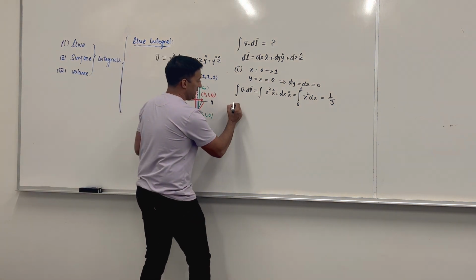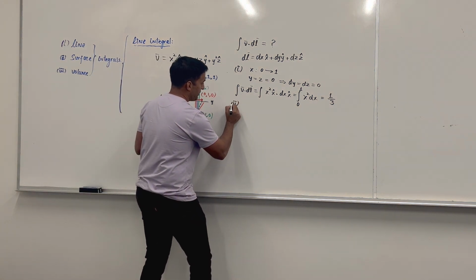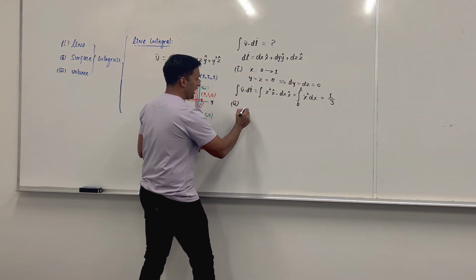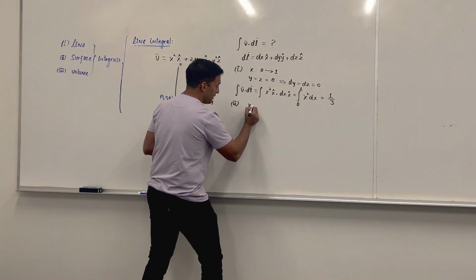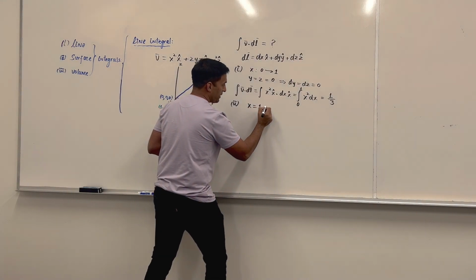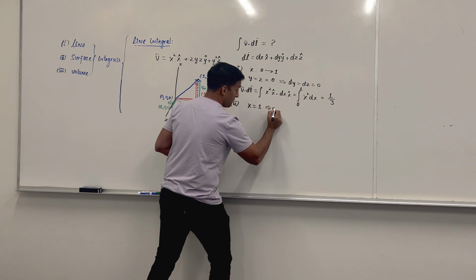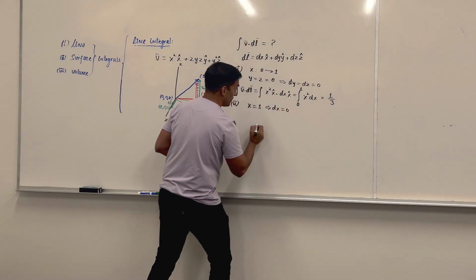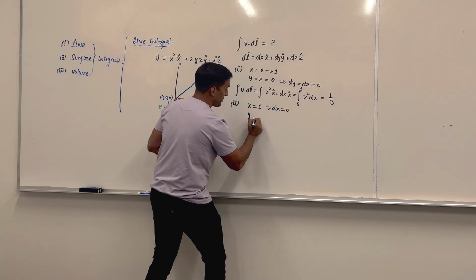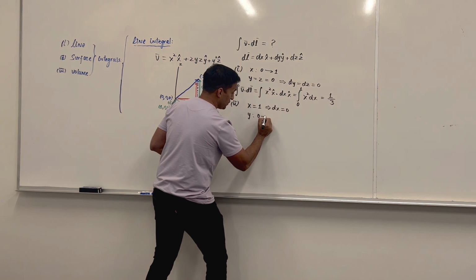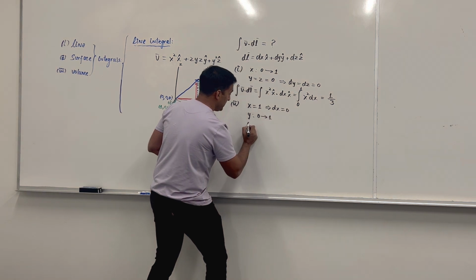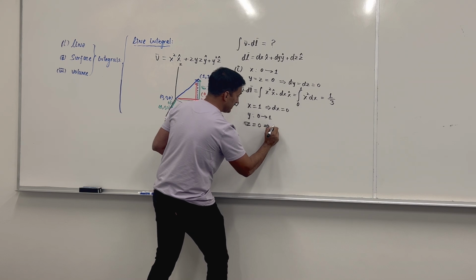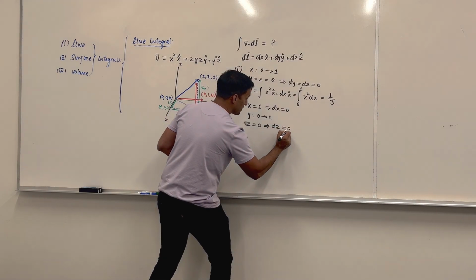This is the second path that I named as 2, and along this path x is 1, so this gives dx equals 0. Y along this path is changing from 0 to 1, and z along this path is 0, and so dz equals 0.